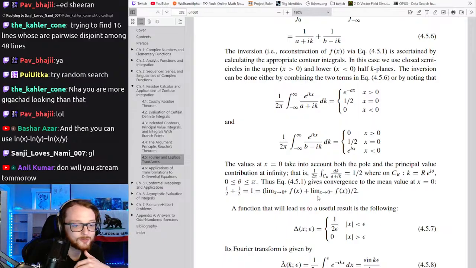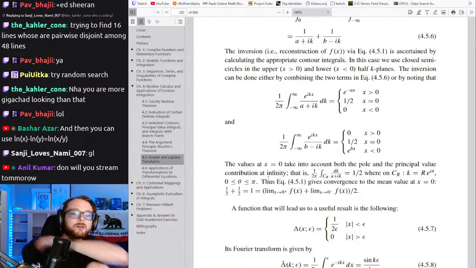Will I stream tomorrow? No. I'm gonna stream video games just on Twitch, but I'm not doing a math stream. And I want to do this entirely other way with a contour.